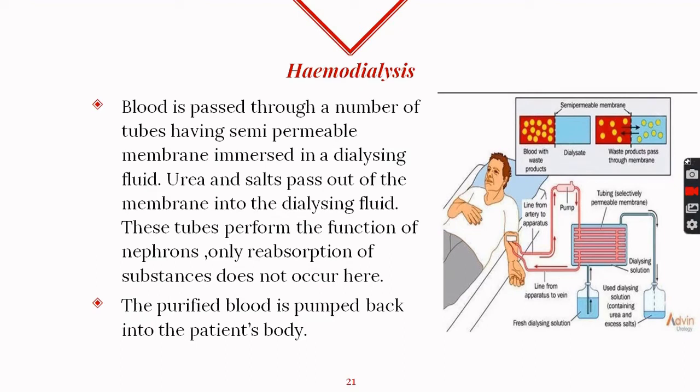While the blood, which is under high pressure, is passing through these semi-permeable tubes, urea and certain other substances come out of it and enter into the dialysing solution. The rest of the blood is then pumped back into the body of the person.